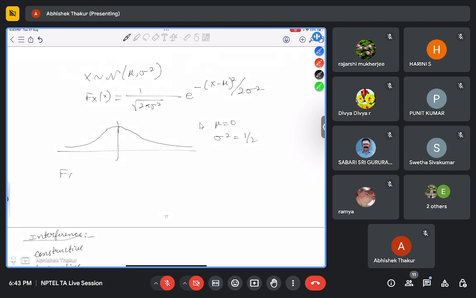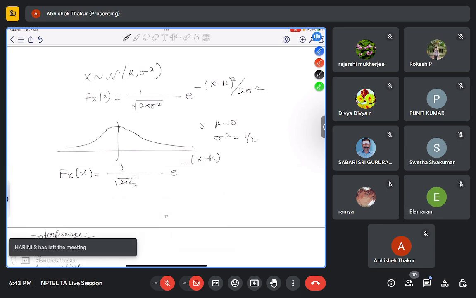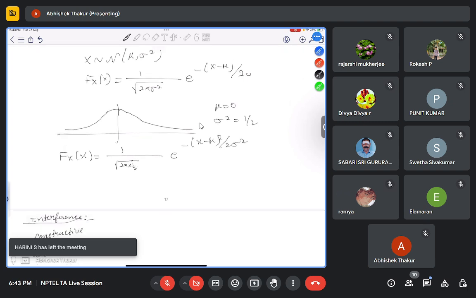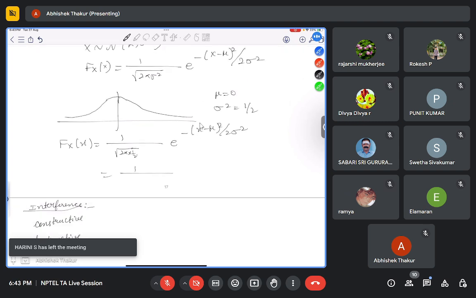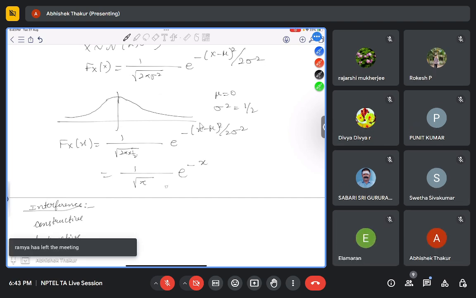Then our f(x) will be 1 by root under 2 pi into half, e to the power of minus (x minus mu) square by 2 sigma square. So this will become 1 by root pi e to the power of minus x square, since the mean is 0 and sigma square is half.